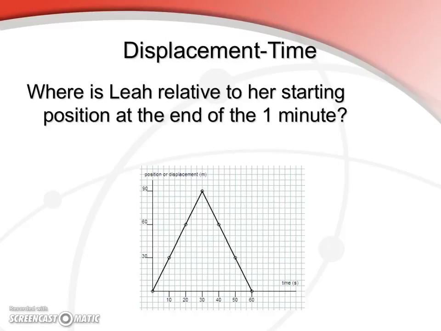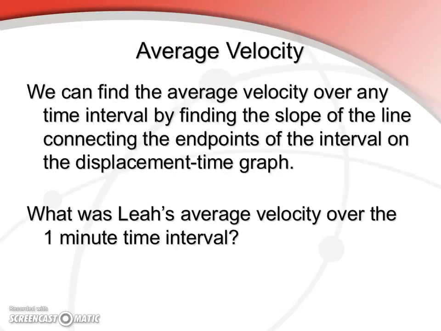And of course, Leah's at 0 displacement at the end of 1 minute, as we'd expect, at her starting point. Okay, but we can find the average velocity over any time interval by taking the slope from the displacement time graph.